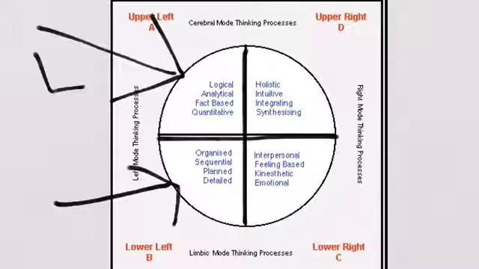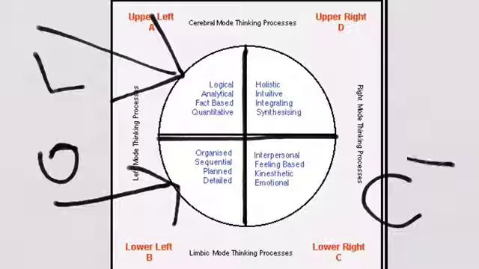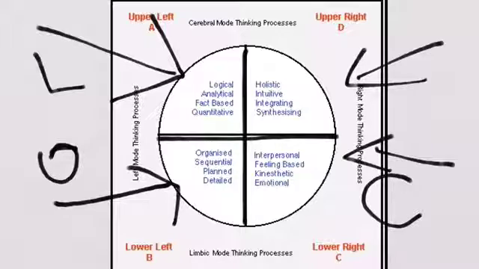Logician. The lower left B quadrant looks at the role of the organizer. Lower right C quadrant looks at the role of the communicator, and upper right D quadrant looks at the role of the visionary.